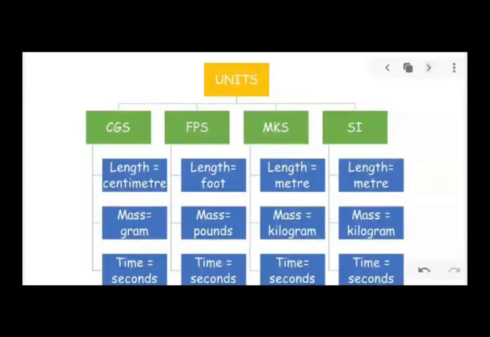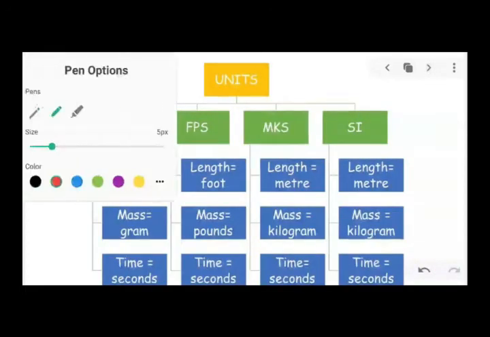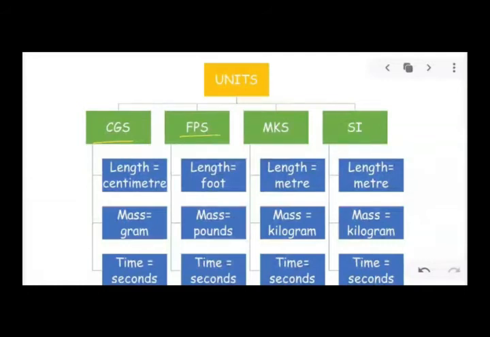Now units can be broadly classified into 4 categories. They are CGS, FPS, MKS and SI. Fine. Now let us discuss CGS units. In CGS, we measure length in centimeter, mass in gram, time in seconds. Next, in the FPS system, which is foot, pound, second, we measure length in foot, mass in pounds, time in seconds.